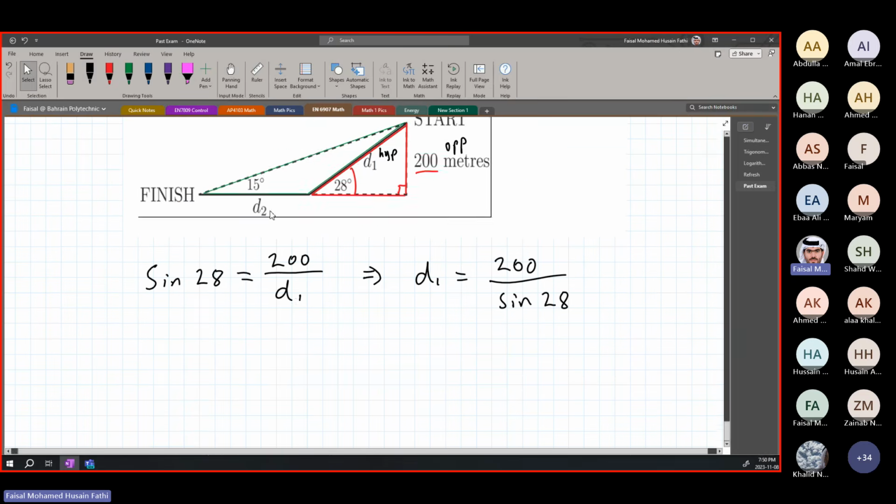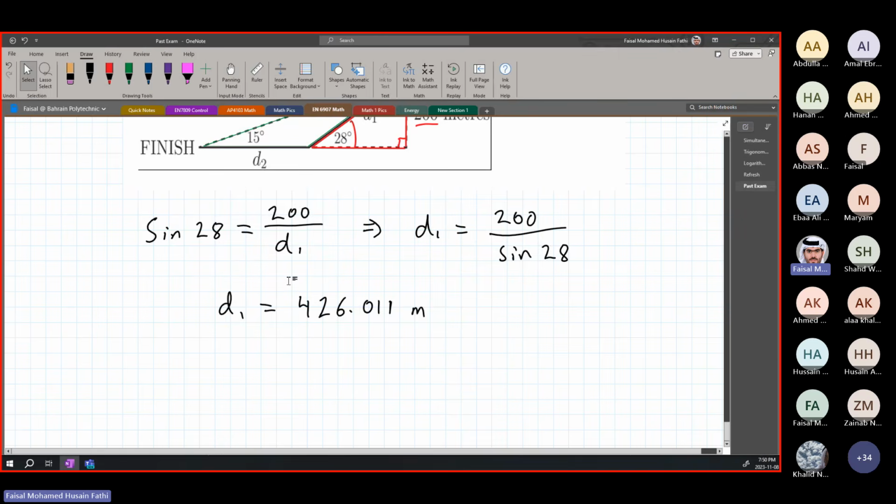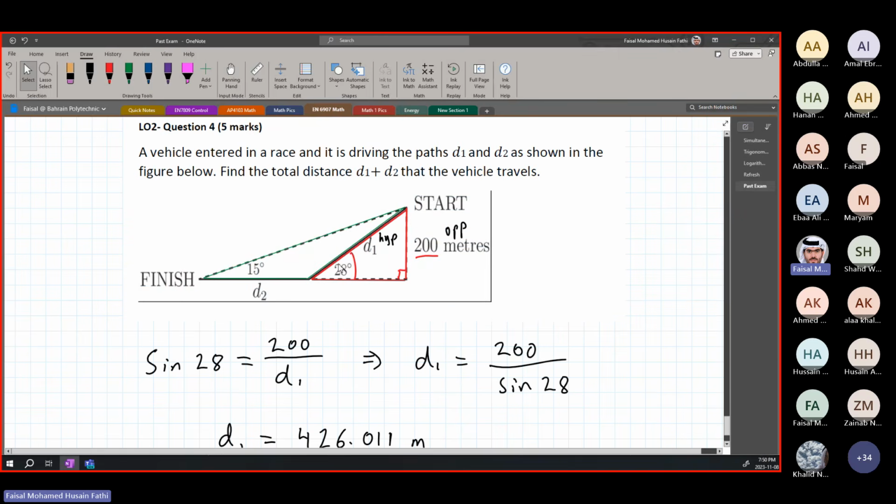And we found our D1. D1 is 200 divided by sin 28, 426.011 meters. Now, we need to find D2 from the green triangle.